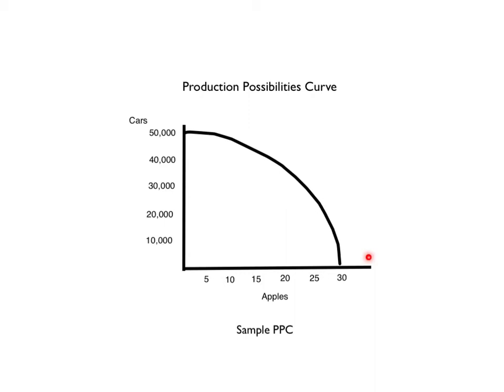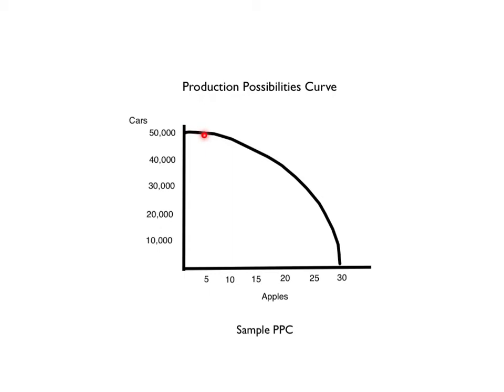It also shows us about opportunity cost. Because the only way that we can get our first 5 million bushels of apples is to give up, it doesn't look like very many, but maybe 1,000 cars.